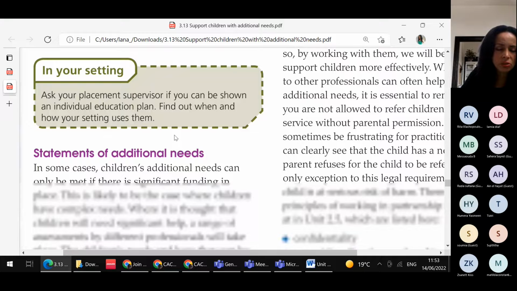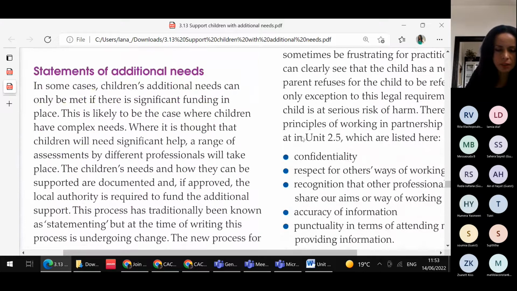Another strategy to intervene with a child's special needs is a statement of additional needs. What's the statement of additional needs? In some cases, children with additional needs may have a case that meets the criteria for significant funding.